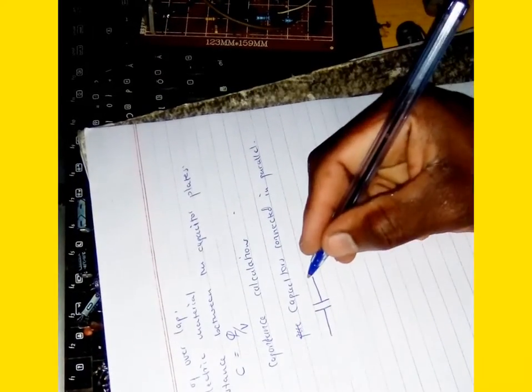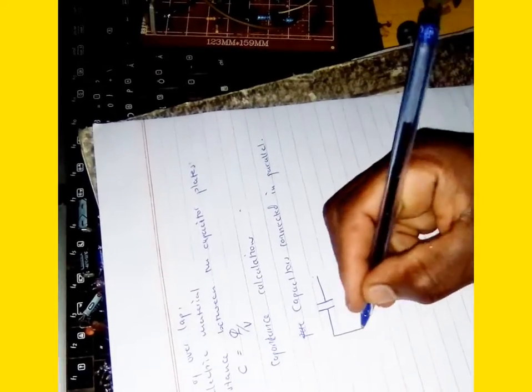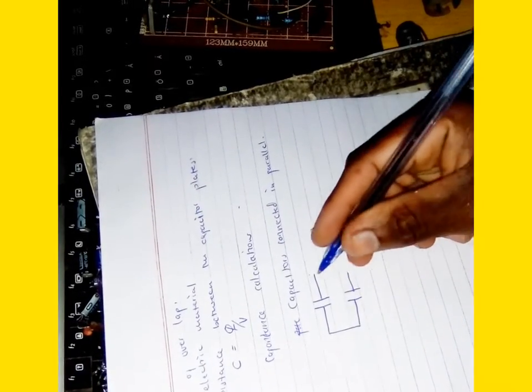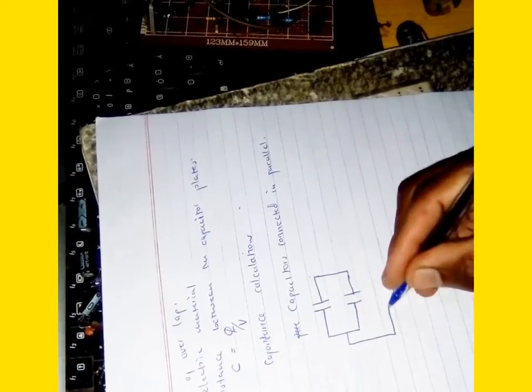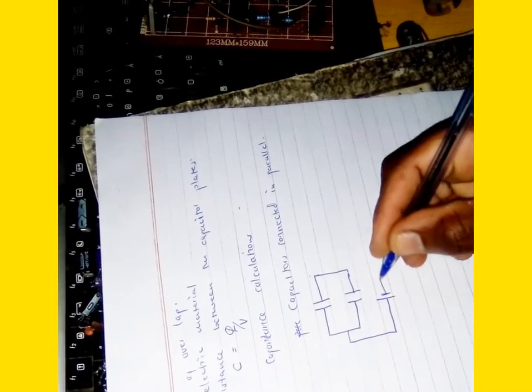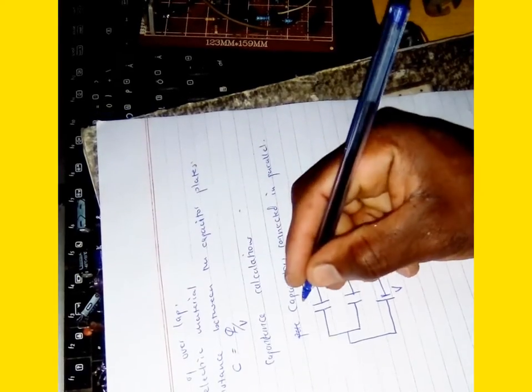This is the symbol for a capacitor. This is the parallel connection of two capacitors at a certain potential. Here is our battery V. Let us name the capacitors C1 and C2.